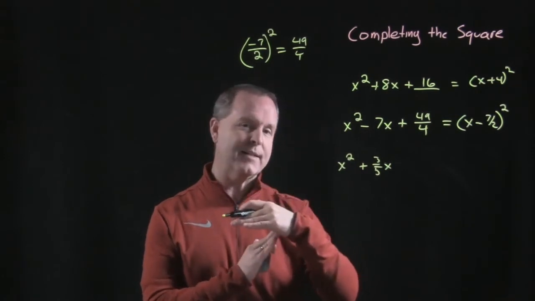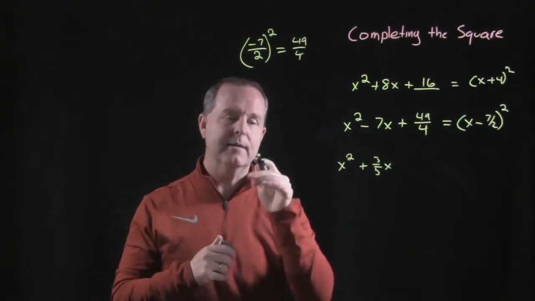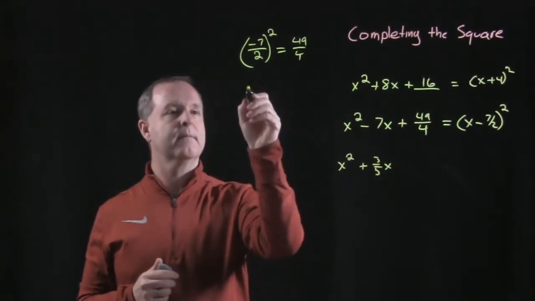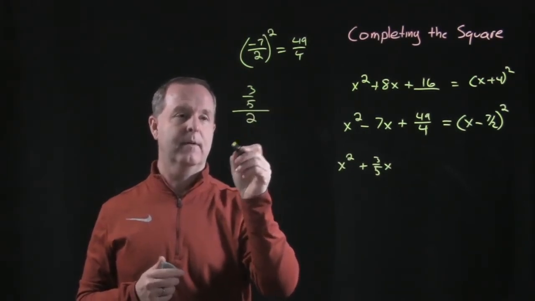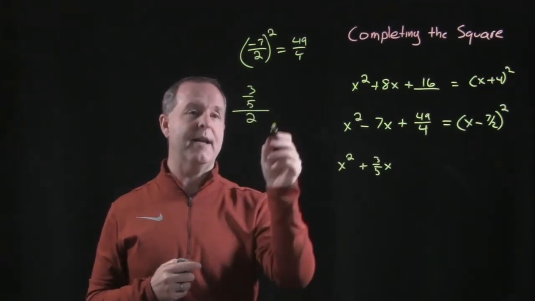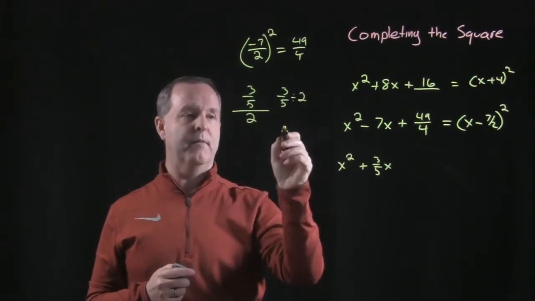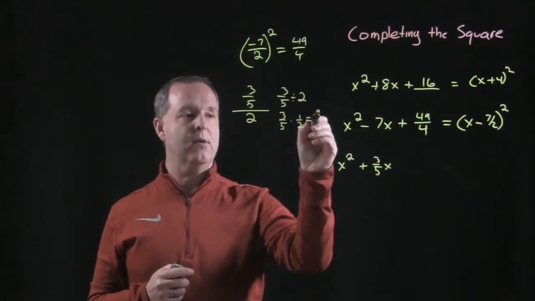And we want to cut that rectangle in half and rearrange them into a square so we can start creating a perfect square. I guess all squares are perfect. So 3/5, divide that by 2. How do we do that? 3/5 divided by 2. Flip the inverse, so it's 3/5 times 1/2. That equals 3/10.